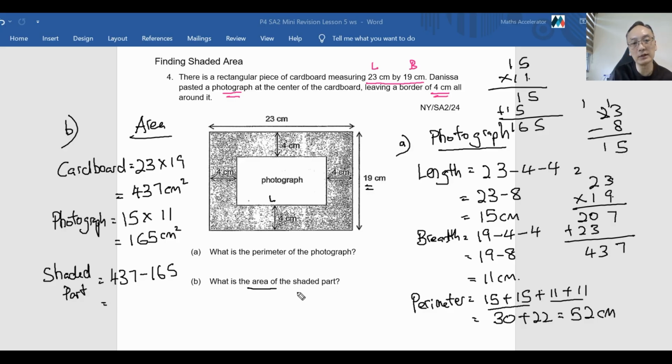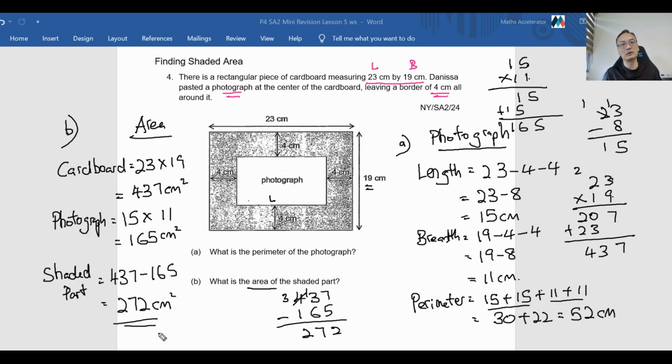Let's do our working over here. 7 minus 5 is 2. 3 is smaller than 6. We have to borrow from 4. 13 minus 6 will give us 7. And 3 minus 1 is 2. So the shaded part has the area of 272 cm squared.